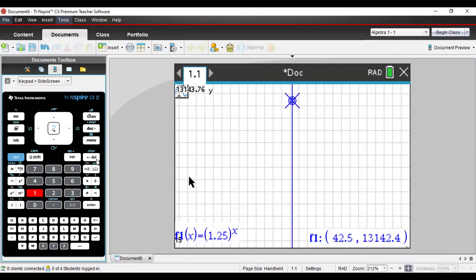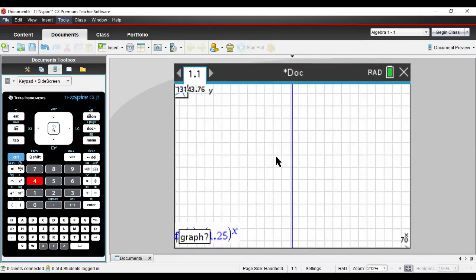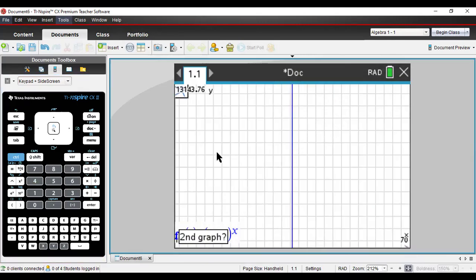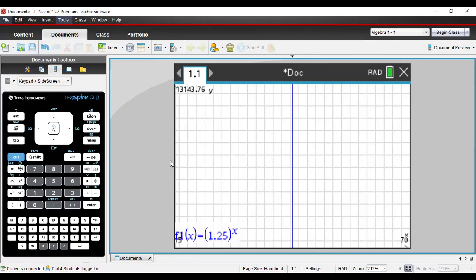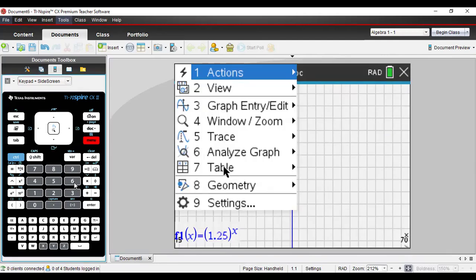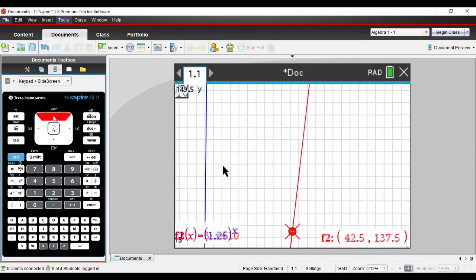And now I'm going to do menu 64. I still don't see it. Here's the graph. Where is the second graph? Whew, this is tricking me. Menu 64 or 51.